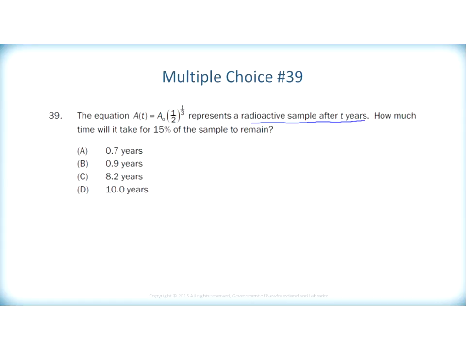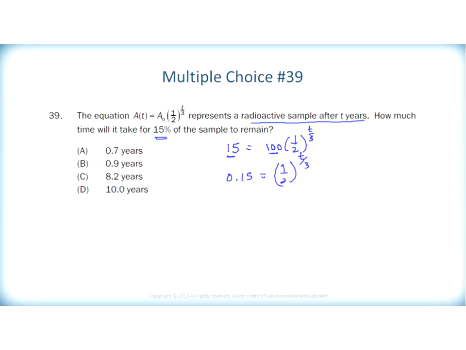Well, 15% of the sample remains, and that means we're going to have 15, and it would initially have been 100, times 1/2 to the power of t over 3. And when you do this, you'll divide both sides by 100. That'll give us 0.15, or the 15%, equals 1/2 to the power of t over 3.